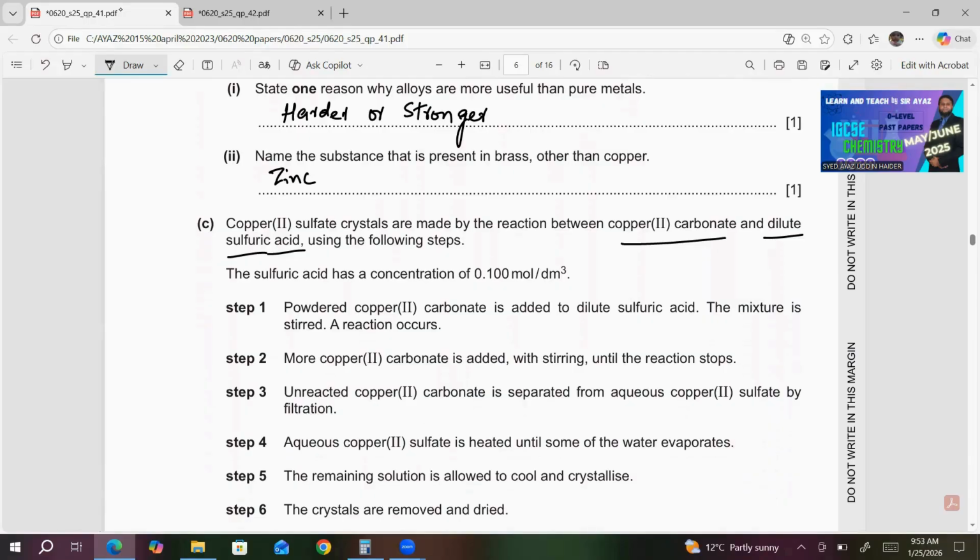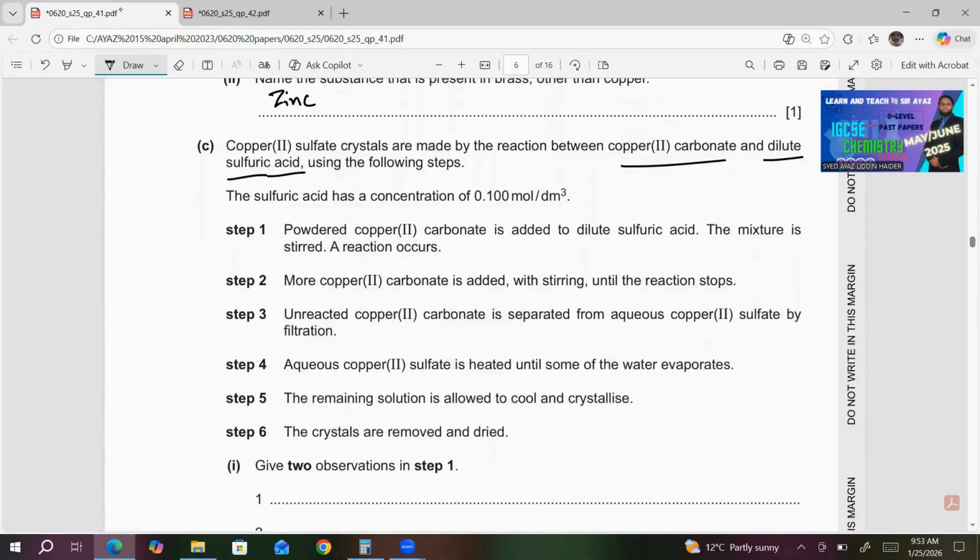More copper 2 carbonate is added with stirring until the reaction stops. Unreacted copper 2 carbonate is separated from aqueous copper 2 sulfate by filtration. Aqueous copper 2 sulfate is heated until some of the water evaporates. The remaining solution is allowed to cool and crystallize. The crystals are removed and dried.